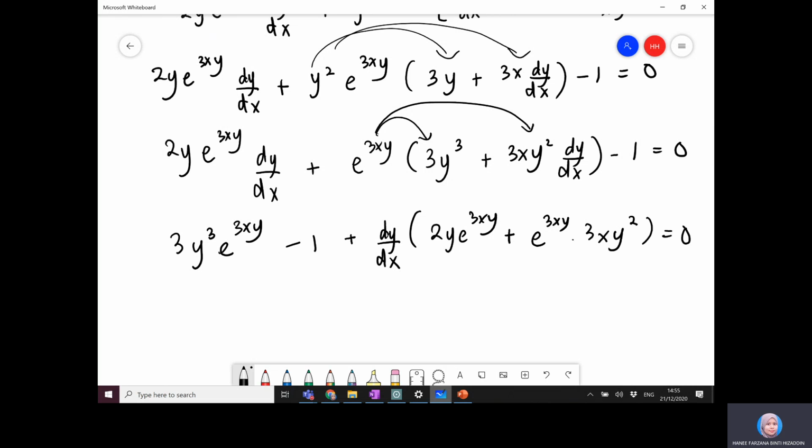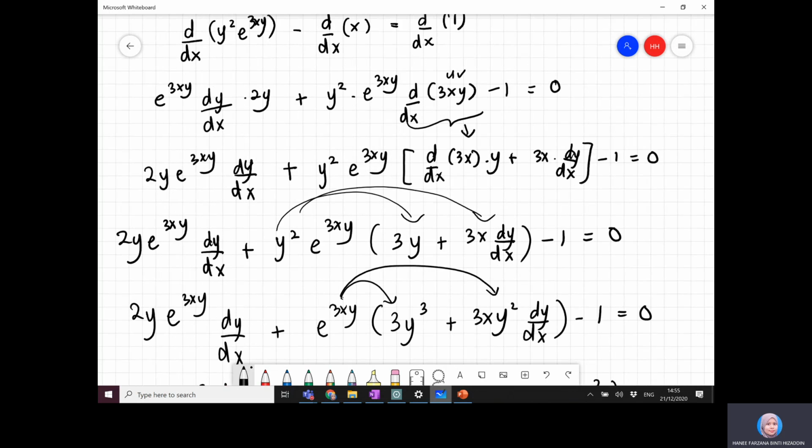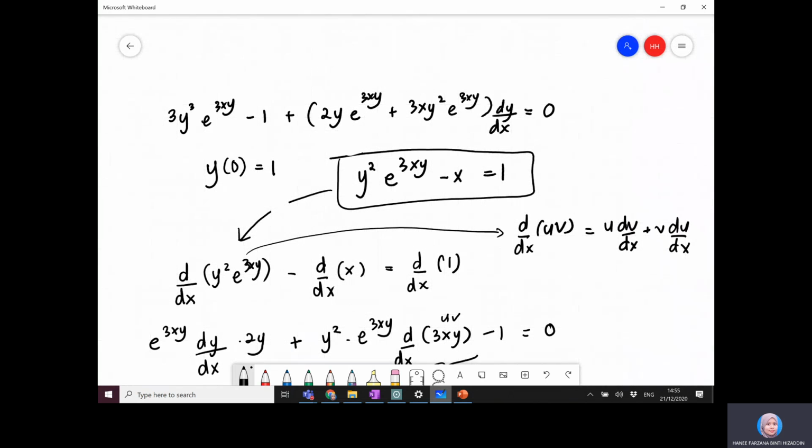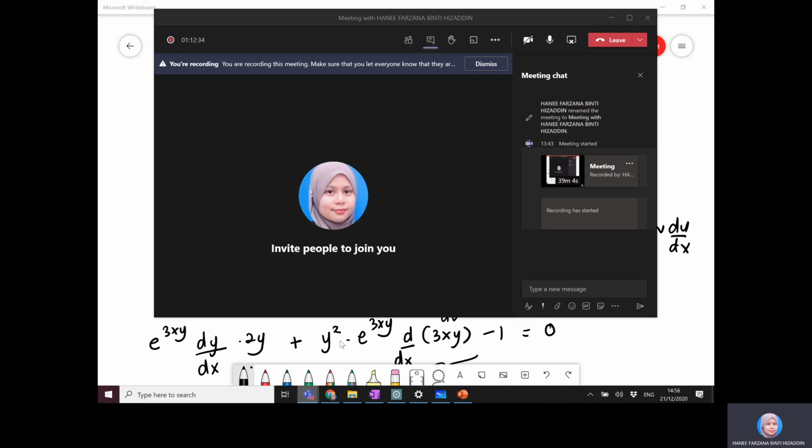So this is actually the same as what you have in the original equation here. So you have now proven that this given function is indeed a solution for the given ODE. You just deduced an ODE from the given solution. Okay, so let's move on to the next video.